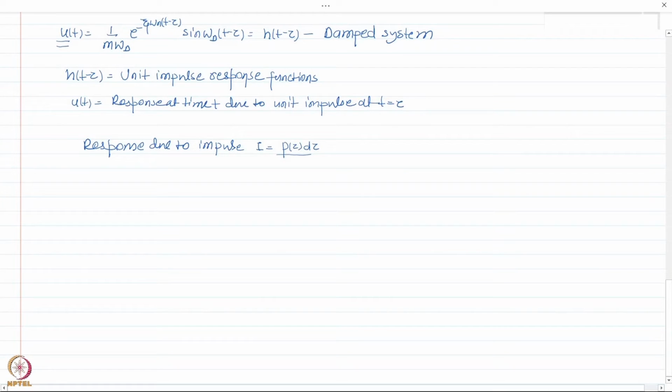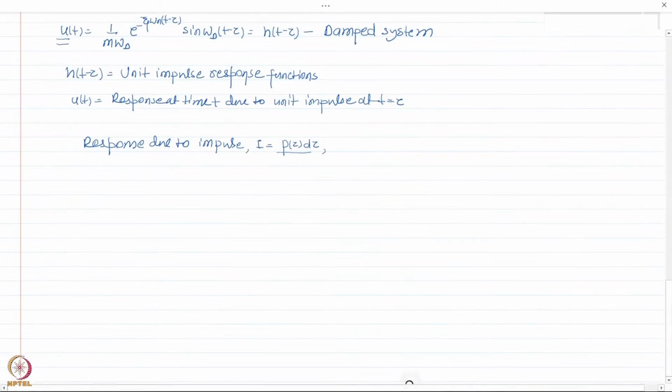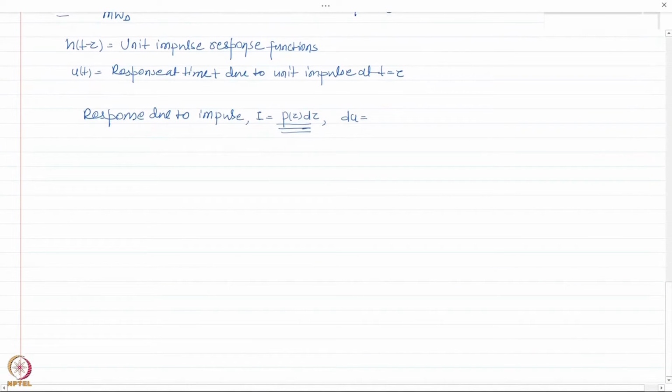Response due to this impulse, we can find as response due to unit impulse times the magnitude of this impulse. And this works for a linear system. If the system is linear, we can employ this technique, because for a linear system I can directly multiply the response with the impulse magnitude to get the proportional response.